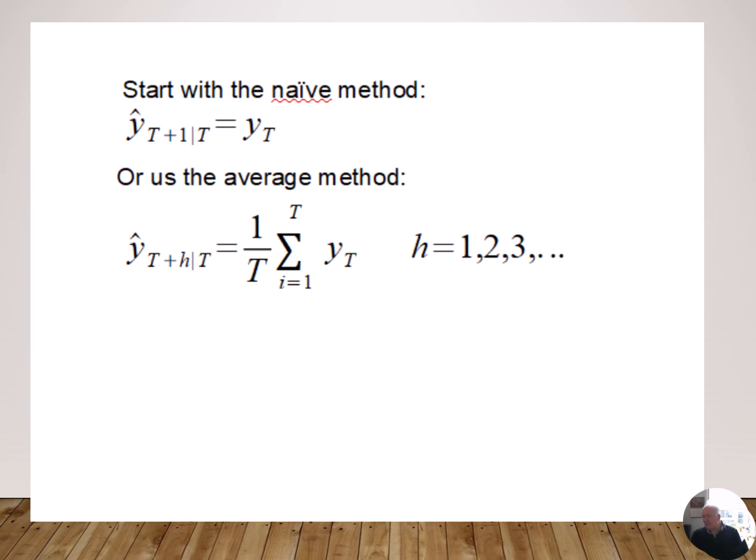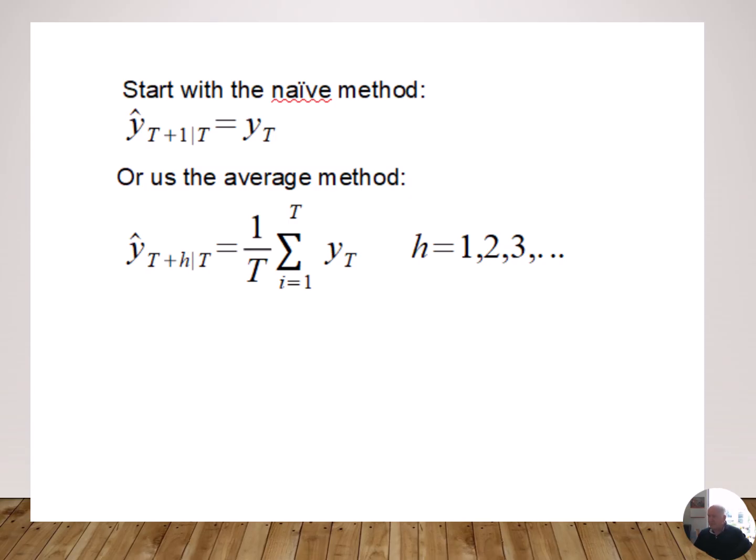So where does this come from? Let's look at the naive method. In this case, what we said is that any future data will just be equal to the last data observed. So if the last data observed is 5, then the next data point will be 5, and the next one will be 5.